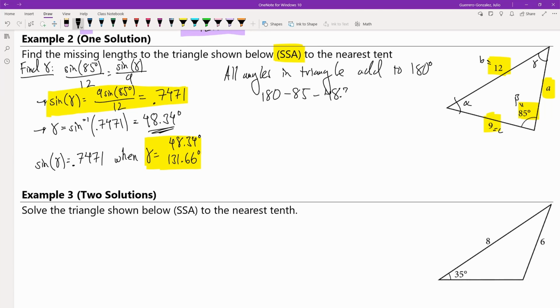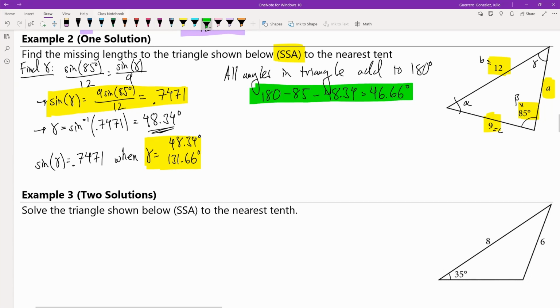Minus 48.34. Let me compute it really quick. 180 minus 85 minus 48.34. This is 46.66 degrees. Okay? Now, hopefully you guys see, right, that this is actually valid. This is okay.